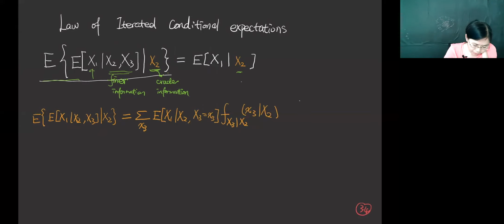Next, we are going to write out this conditional expectation as well. And that clearly is averaging over x1, because we're taking an average of x1 given x2 and x3.